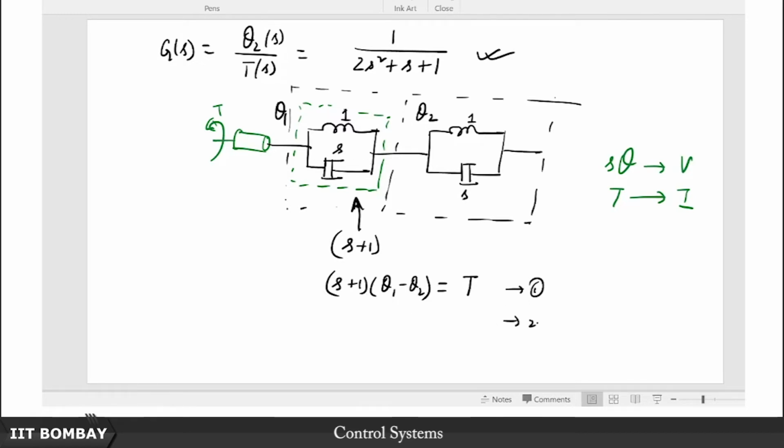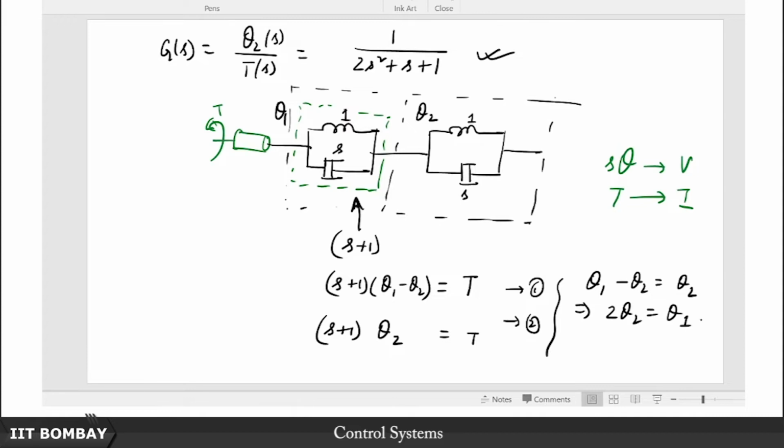And the second equation, again the same torque is being transmitted here, so we can write the same torque as S plus 1 times theta 2. So now from these equations, it's easy to see that theta 1 minus theta 2 is equal to theta 2, or in other words, twice theta 2 is equal to theta 1. This is an important thing to remember.